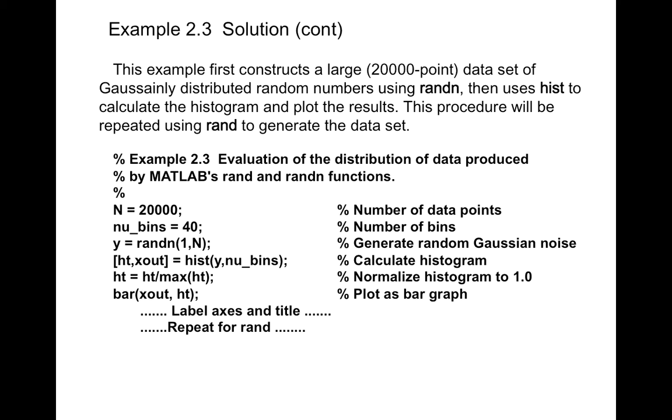And then this is our histogram calculation. The histogram is then normalized to 1, which doesn't necessarily have to be done, but it's useful sometimes when you're comparing different distributions in different data sets. It's useful to normalize. And then plot it as a bar graph.